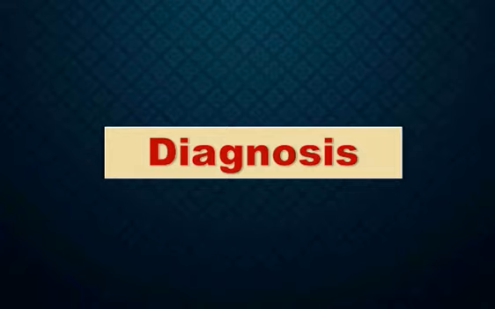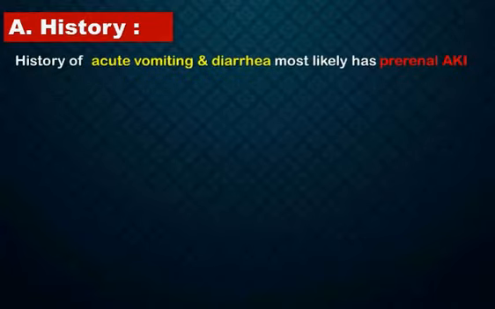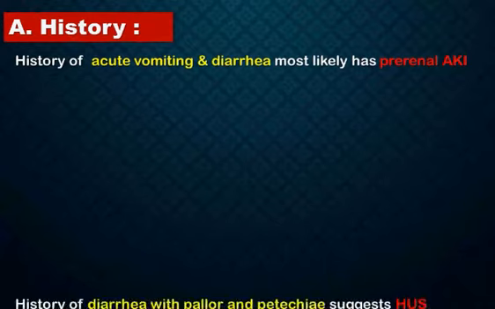Now, how do we diagnose a patient with acute kidney injury? Of course, starting with history, because according to the history, we can determine the primary cause of this acute kidney injury or insult. So, a history of acute vomiting and diarrhea goes with prerenal acute kidney injury.